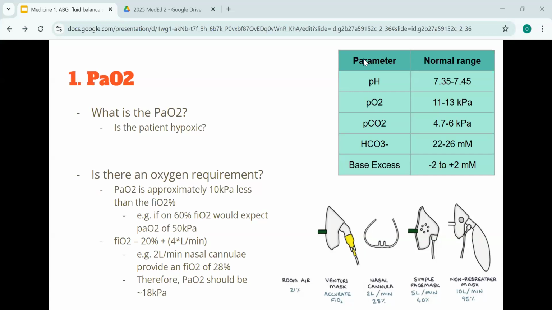And that would give us an estimated fraction of inhaled oxygen of about 28%. This can then be used to formally assess oxygenation using a ratio, but that's not expected of you or me right now. But if anyone's eager, I can send you a link on how to explain it in further detail.